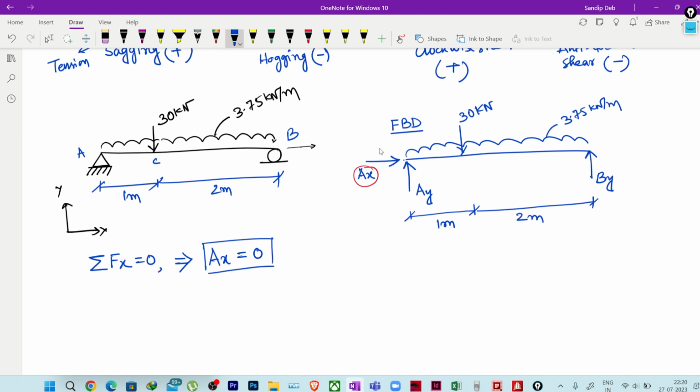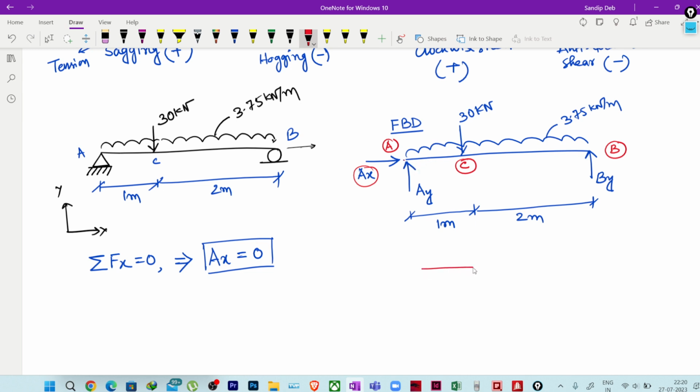Next, if I apply moment about the A axis, I know that clockwise moment is positive. Correct? So if I take moment from point A, with B and C, which are the loads that will create moment? First, this 30 kilonewton load will create moment.